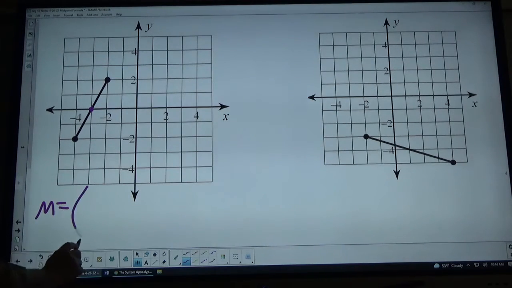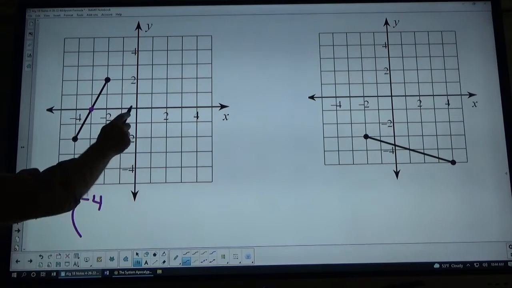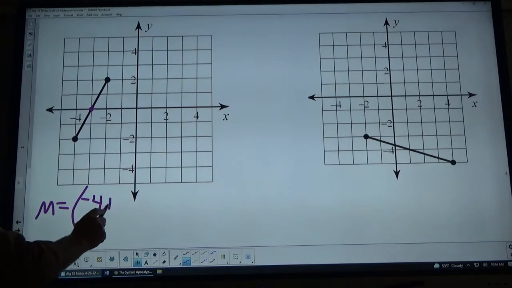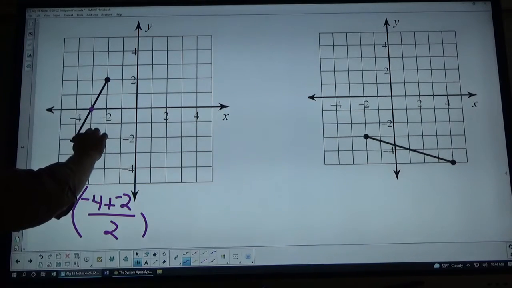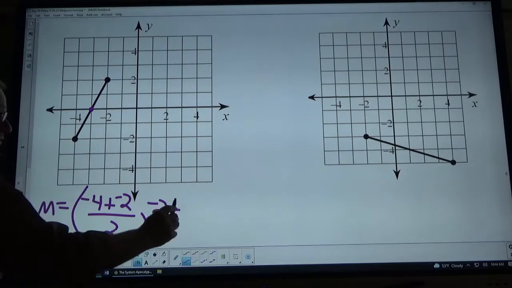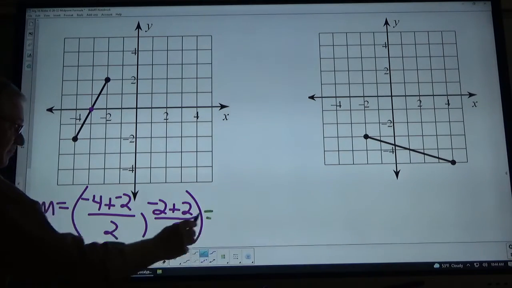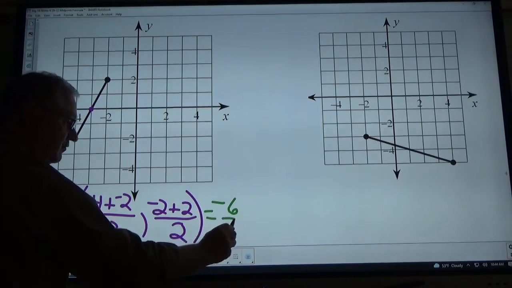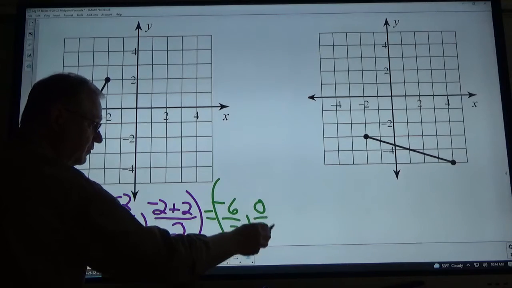we'll check it. Now this is negative 4 and this is negative 2. Up, down, this went down 2, and this went up 2. This simplifies to negative 6 over 2, 0 over 2.